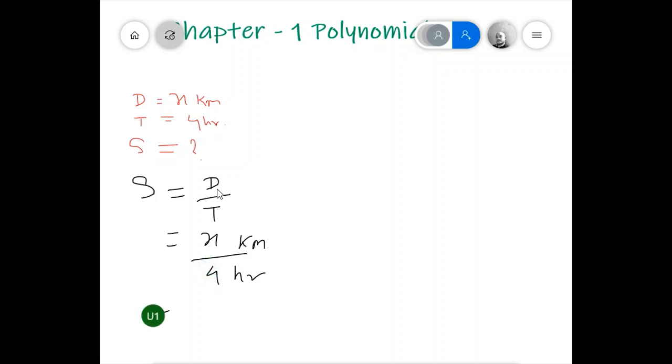So your speed will be x by 4 kilometers per hour. This division is easy because it involves division of a polynomial having one term by a constant.